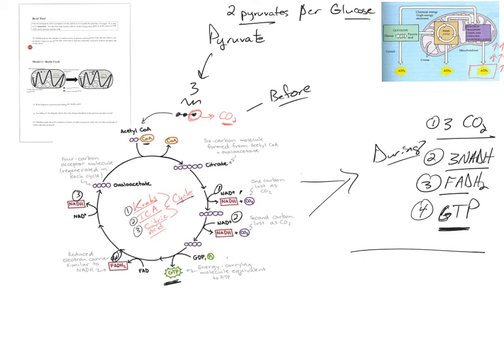So after the 2 turns, for every 1 glucose molecule, you're going to produce 6 CO2s, 6 NADHs in the TCA cycle, right?